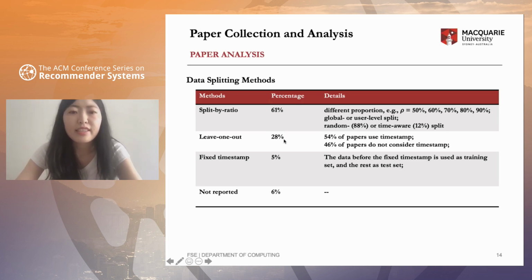We also find that around 13% of the papers adopt leave-one-out. So in our study, we adopted the split by ratio and set the proportion to 80%. We split the data at the global level by considering the time-step information.